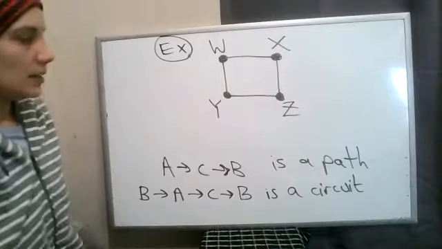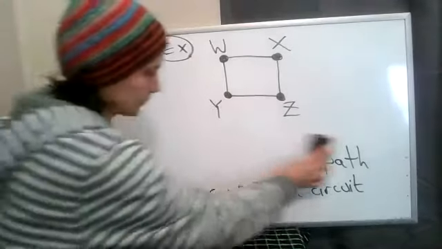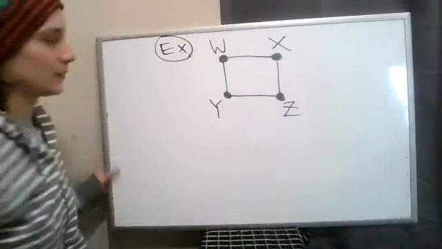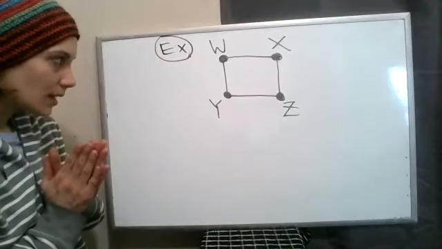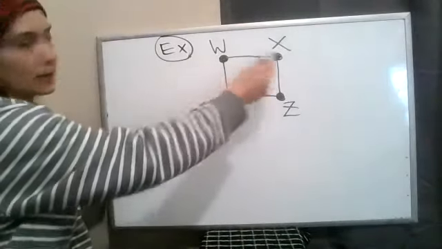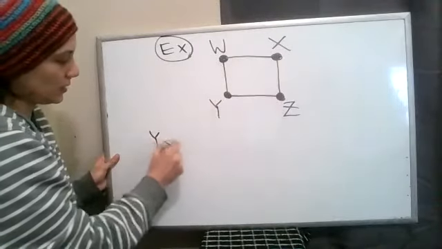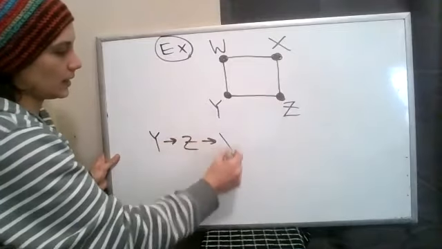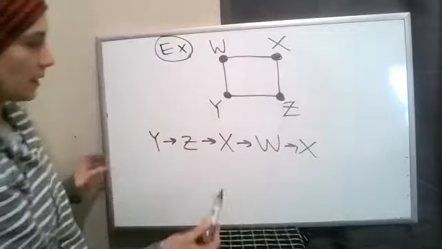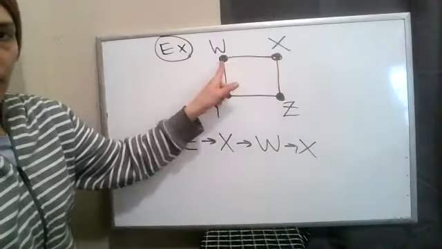Okay, let's do a walk. Like Y, Z, X, W, X. Let's just start there. Y to Z to X goes to W and back to X. So we start, go over and up to W and back.